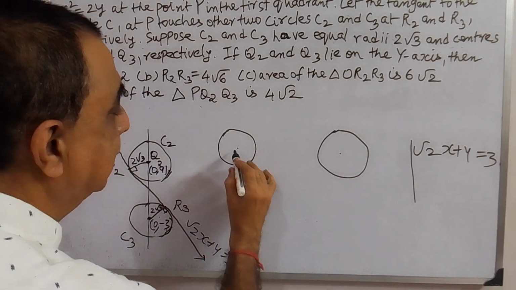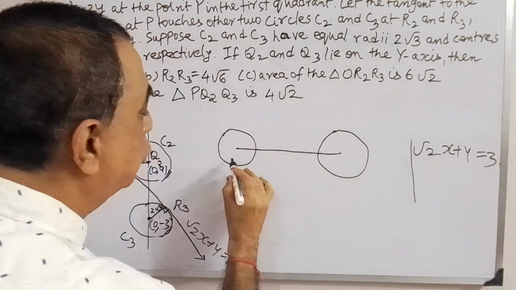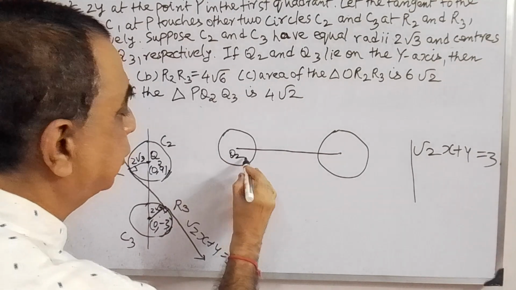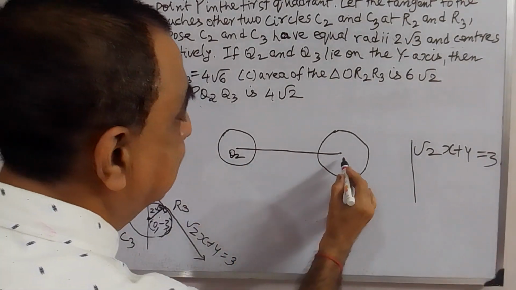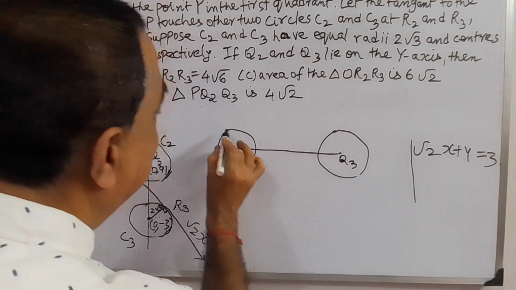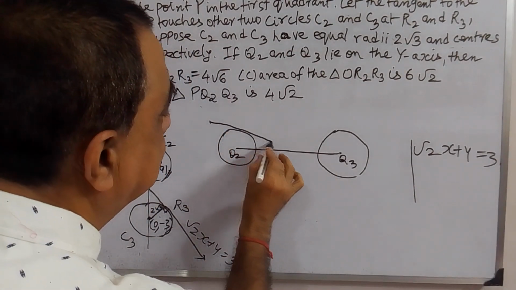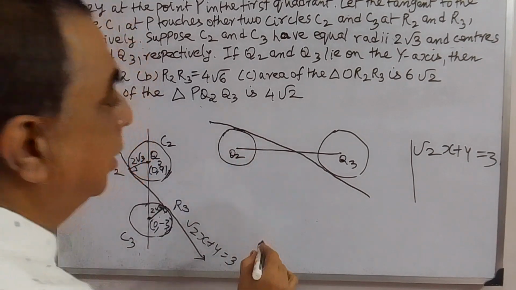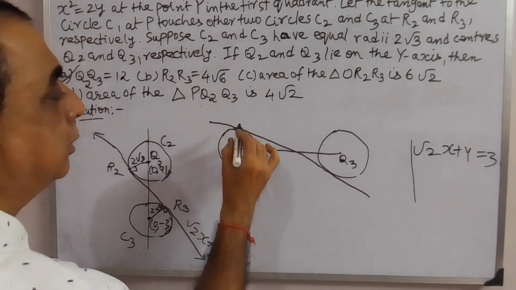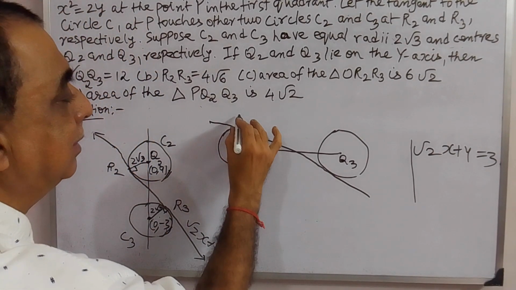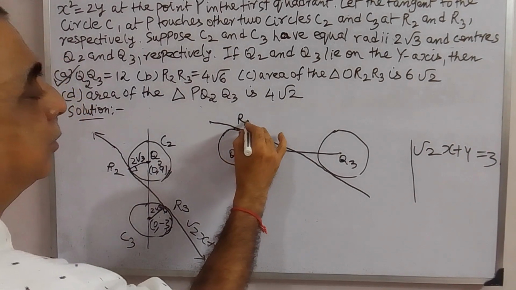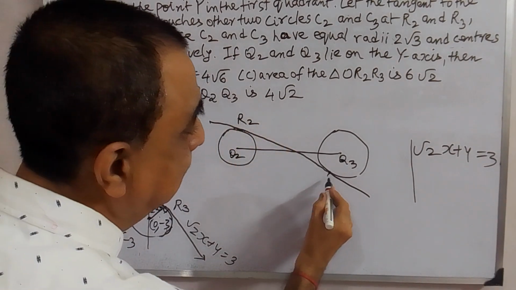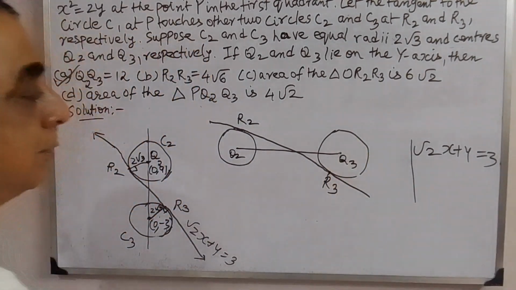Their centers are Q2 and Q3. This is Q2 and this is Q3, and this is the common tangent drawn to the circles. This point is R2 and this point is R3.